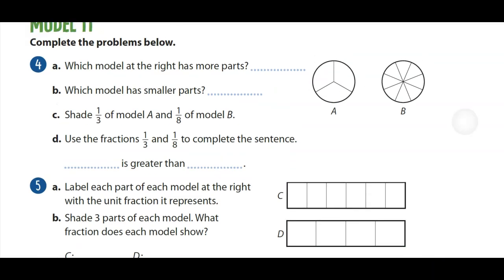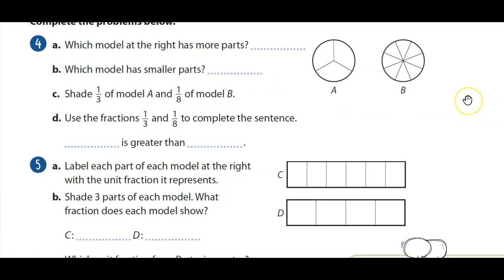It says complete the problems below. Okay? We're going to use these 2 models. Let's participate. It says which model at the right has the more parts? A or B? B. Yes. Because A only has 3, well B has 8. Okay. Which model has smaller parts?